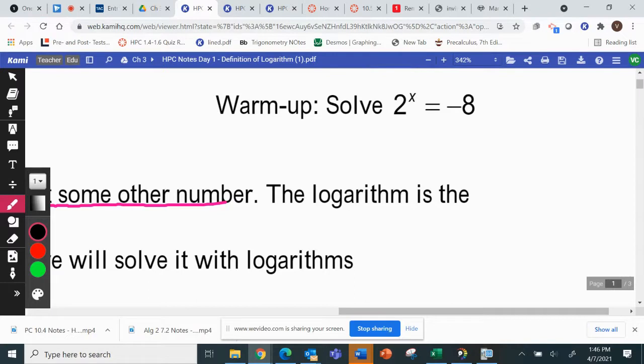If I start with a 2 and I raise it to an exponent, how does it become a -8?